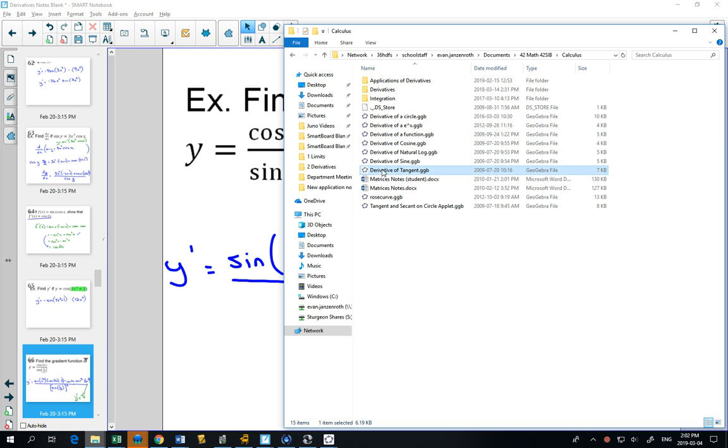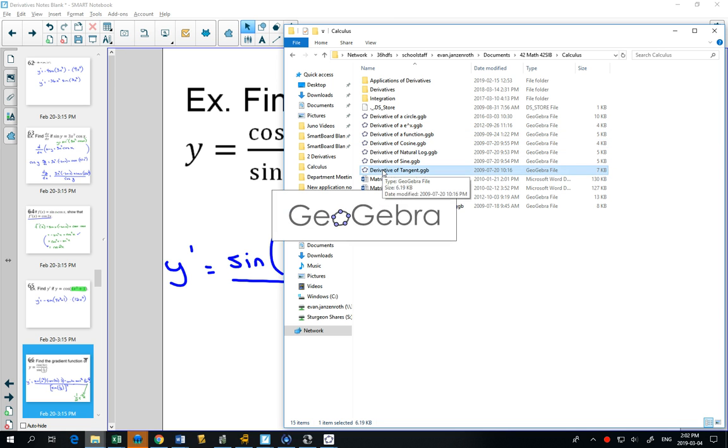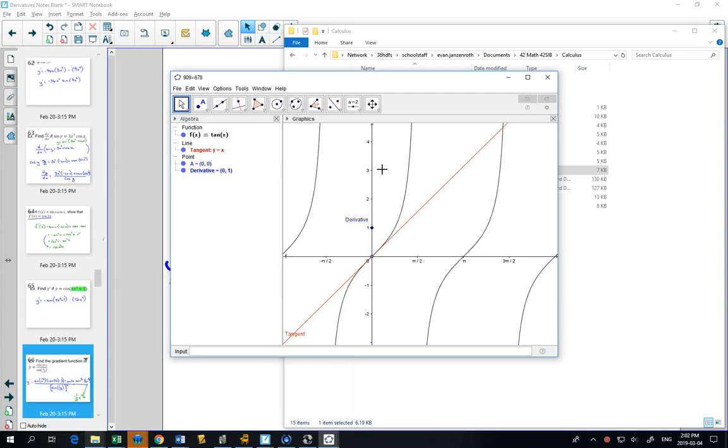Okay, check out tan. Here's our graph of tan. And if I take my points and I drag them along, can you see that the tangent is always positive?